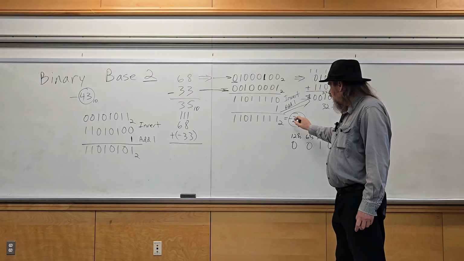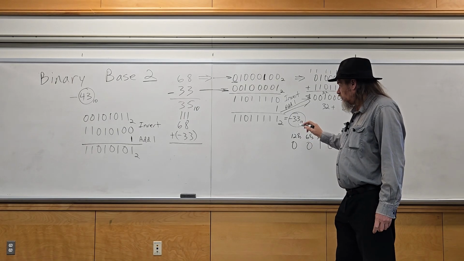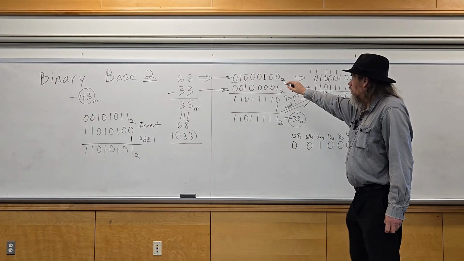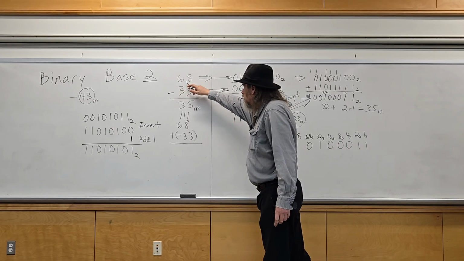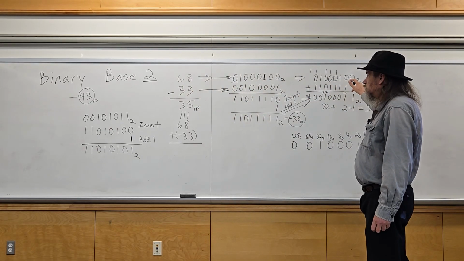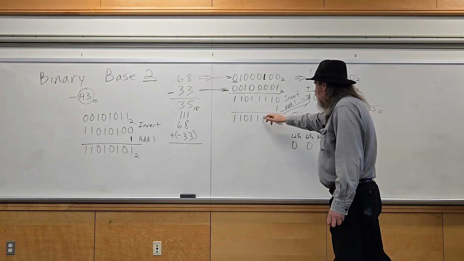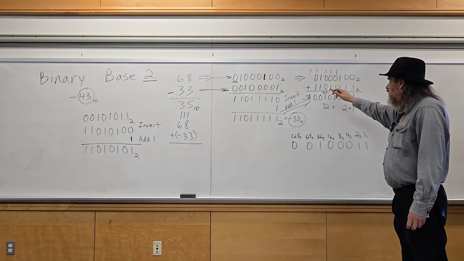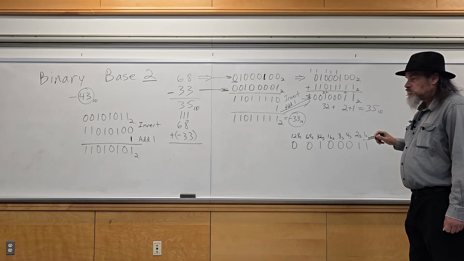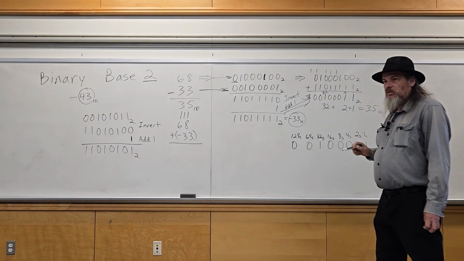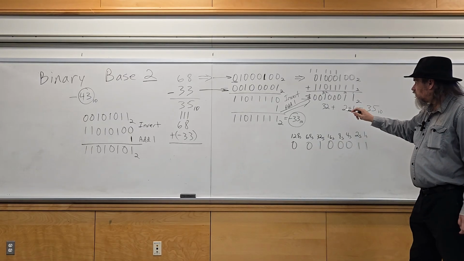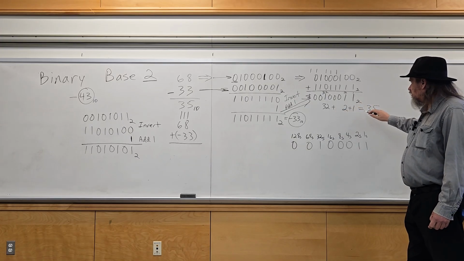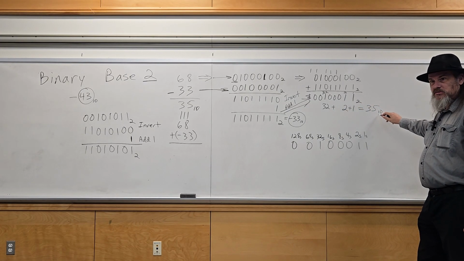That gives you negative 33 equivalent in binary. Then you take the magnitude of the first number, which is 68, take the negative number from here, put it over here, and then add the 2 numbers together, disregarding the garbage at the end. And the result is this binary number here, which is the equivalent of 35 base 10.